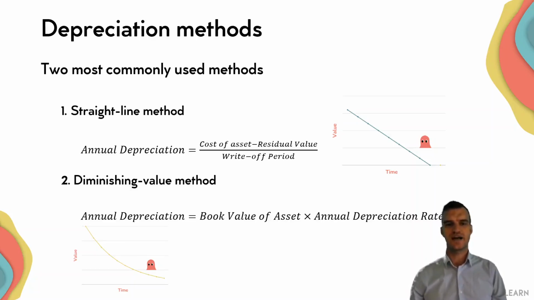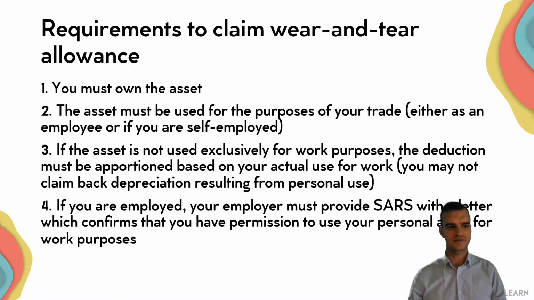While with the diminishing value method, you write off more of the asset early on, and the amount that you write off decreases over time. So you're going to be multiplying the annual depreciation rate by the current book value of the asset in the diminishing value method, while with the straight line method, you multiply the annual depreciation rate by the original value of the asset.